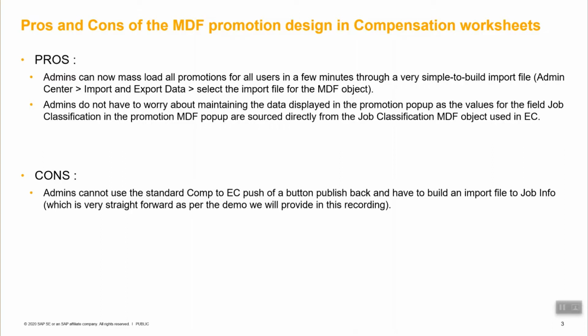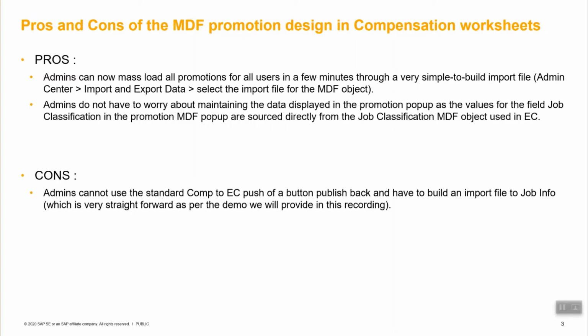The values that the manager will see in that field when selecting it are retrieved from the MDF object for job classification, which is used in Employee Central job information. As long as the Employee Central administrator maintains all the right data for the job classification, the promotion pop-up will be aligned with whatever is up to date in EC.